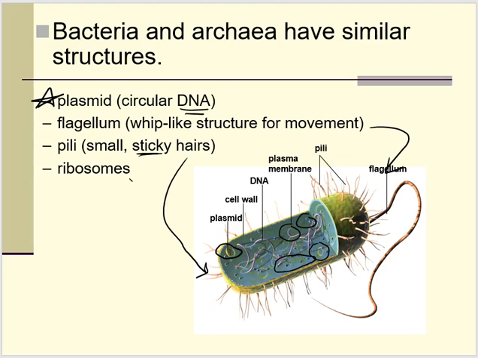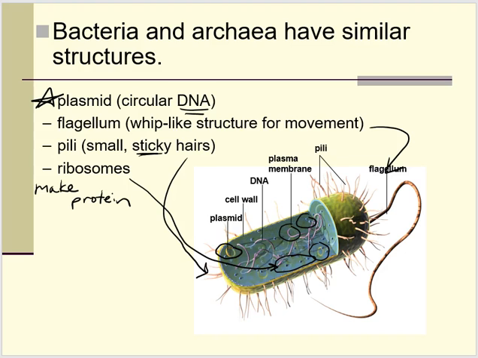They all have ribosomes. Every organism has ribosomes. What do we need ribosomes for? To make what? Protein. Every organism needs protein. That's what DNA is made of, what RNA is made of. Every organism has ribosomes then.